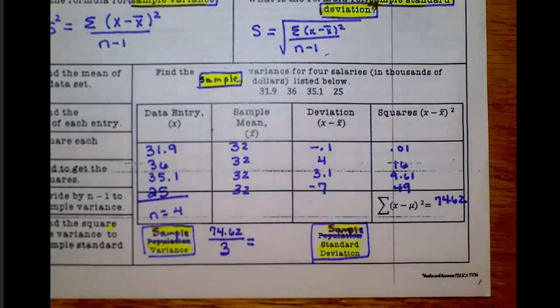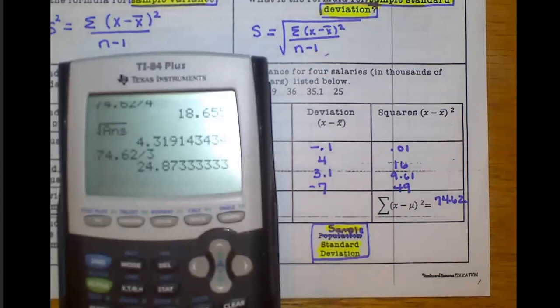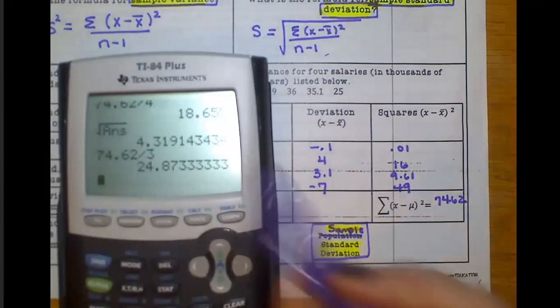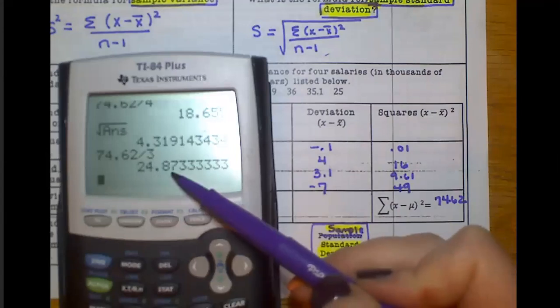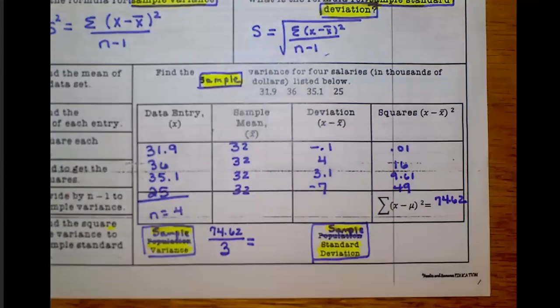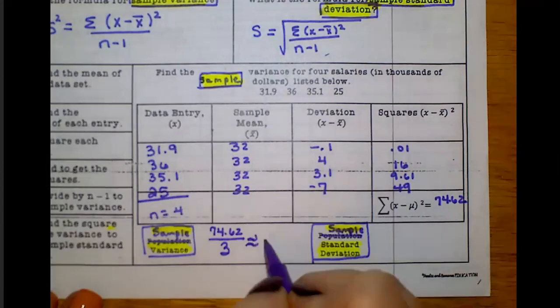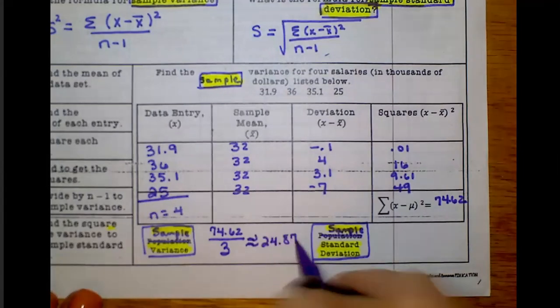So we're going to divide that. And I'm getting 24.873. So to show you how to deal with the rounding, I'm going to round to 2 places right here. So I'm going to say that's approximately 24.87.